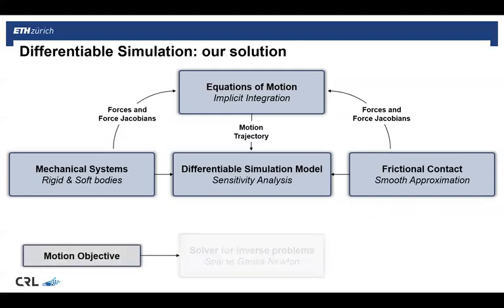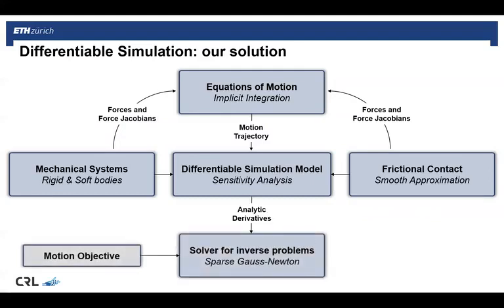And ultimately, then this allows us to solve inverse problems given motion objectives. And the outcome of the inverse problems that we're solving then is optimal values for the parameters that are an input to the forward simulation model.